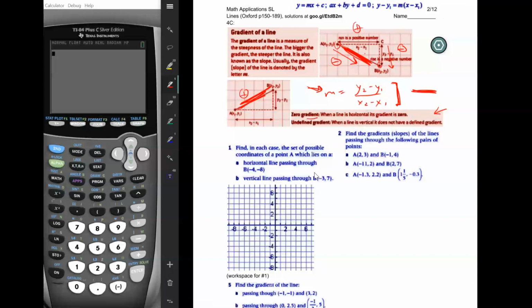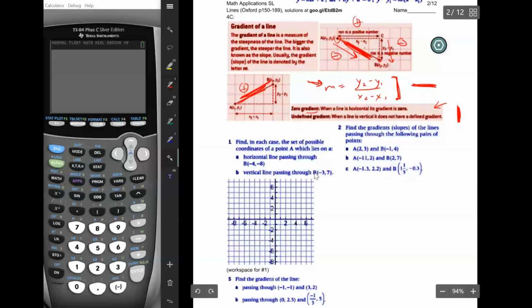Undefined gradient is when the line is completely vertical. And when you have a vertical line, the slope is actually infinite. Okay? They say it's undefined. And that's a case where the calculator is going to give you an error if you try to figure it out. So we need to be aware of what that means.